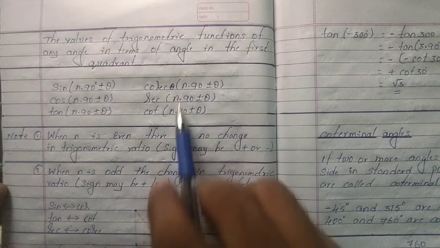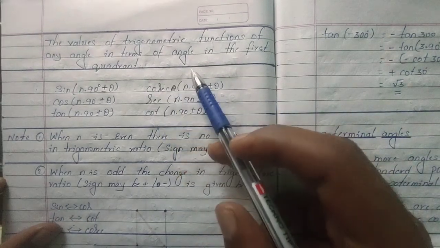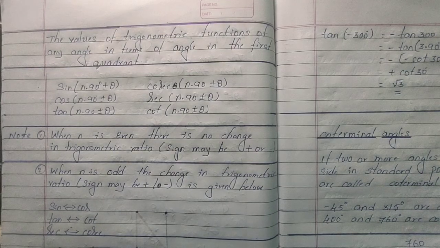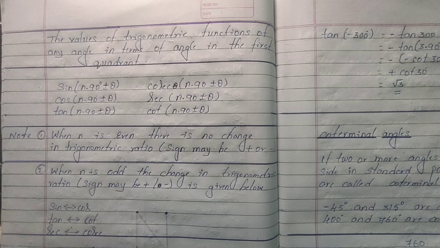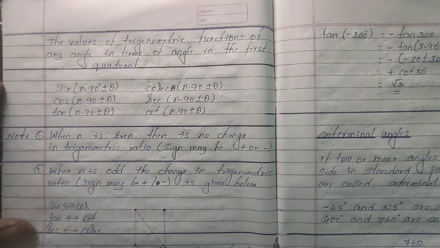The values of trigonometric functions of any angles in terms of angle in the first quadrant. You take any angle, we can change it in terms of the first quadrant angle, and we can say the value of that trigonometric function.